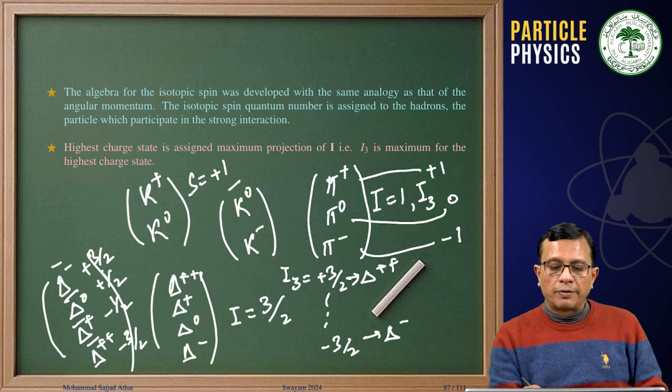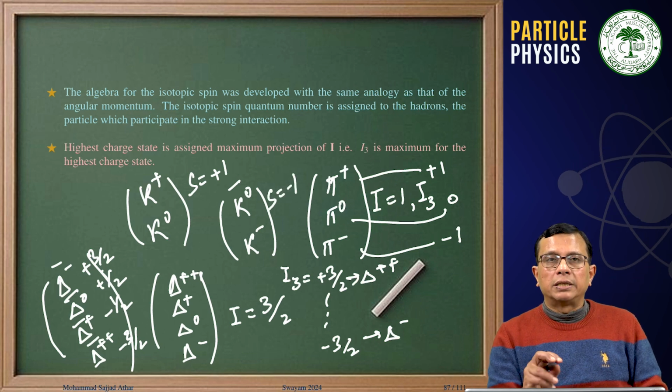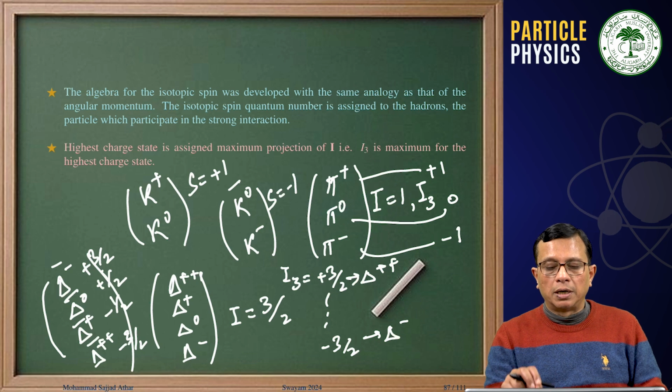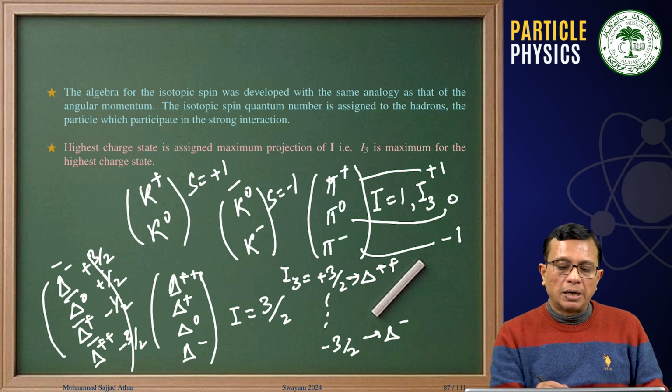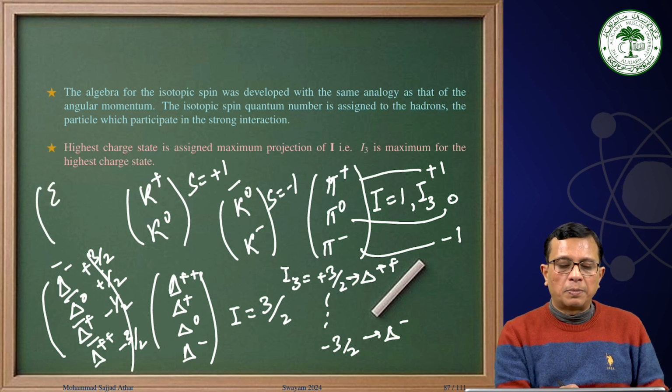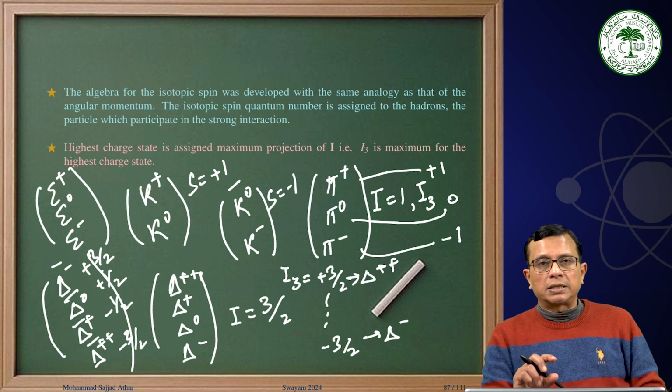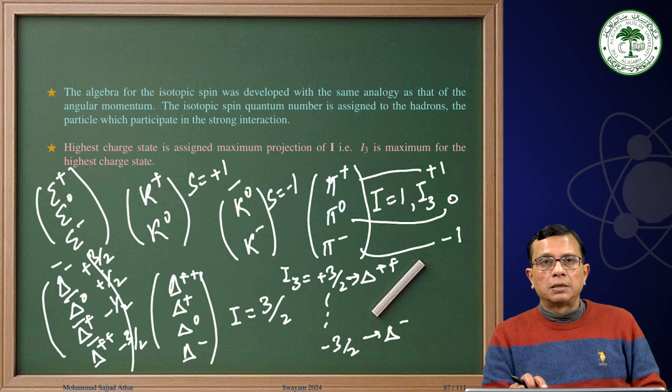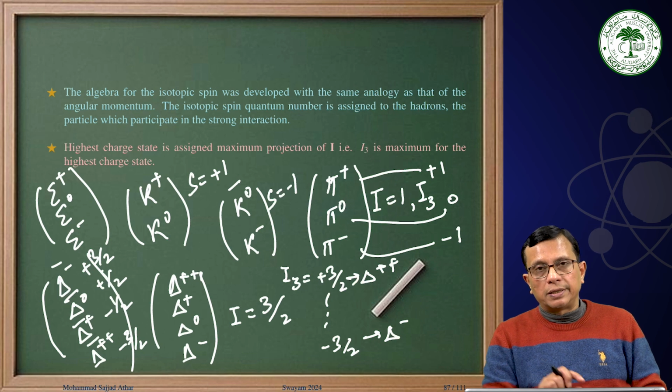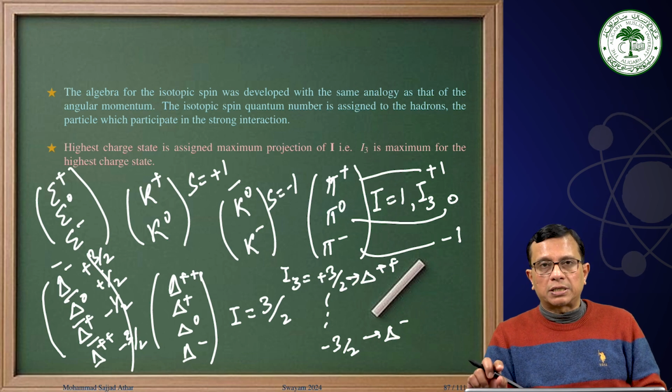And why are we putting them together? They have strangeness quantum number minus 1. Similarly, we can have sigma plus, sigma 0 and sigma minus. These are the three sigmas whose masses are exactly the same when you switch off the electromagnetic interaction.